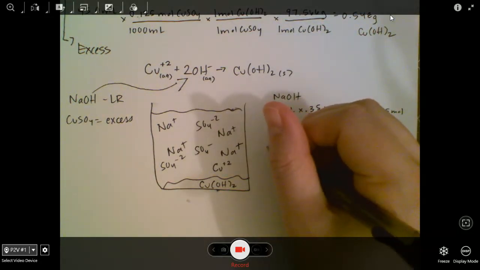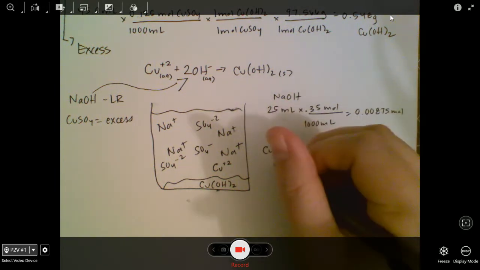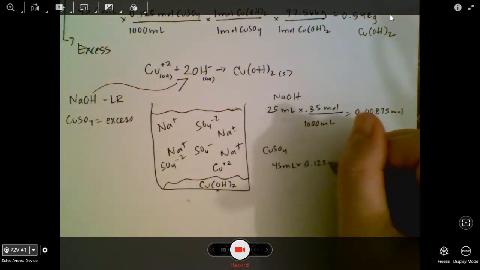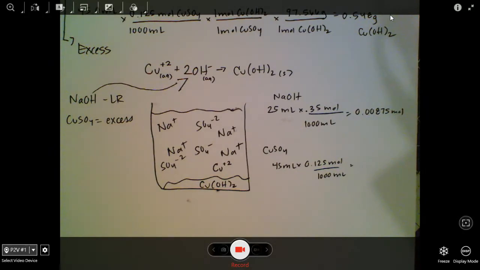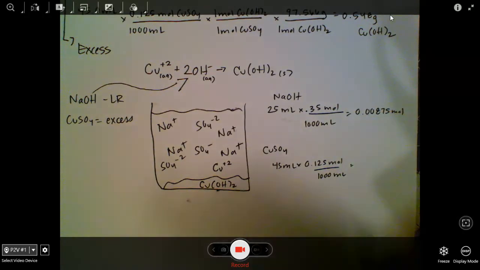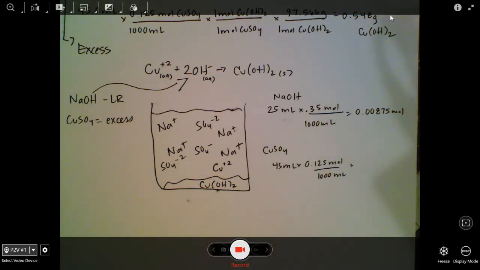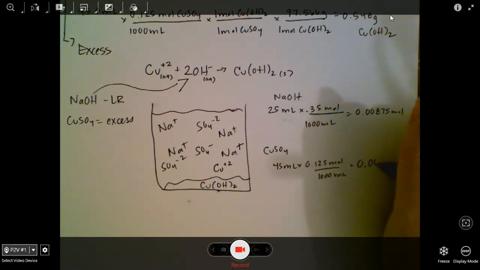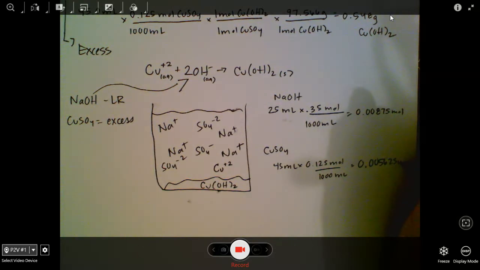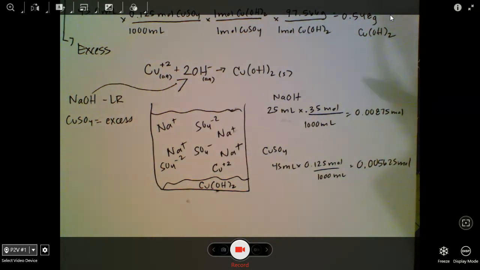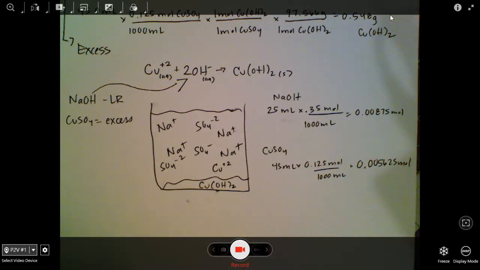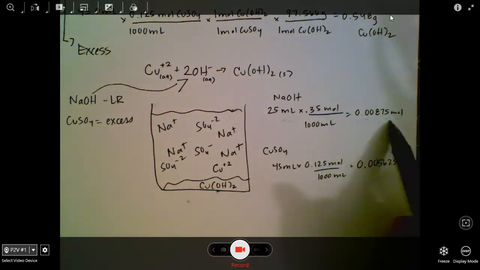For my CuSO4, if I take 45 milliliters times 0.125 moles for every 1,000 milliliters, I get 0.005625 moles. So if we think about what's floating around in there, the reason why I have more Na in solution is because I actually start off with more moles of sodium hydroxide.